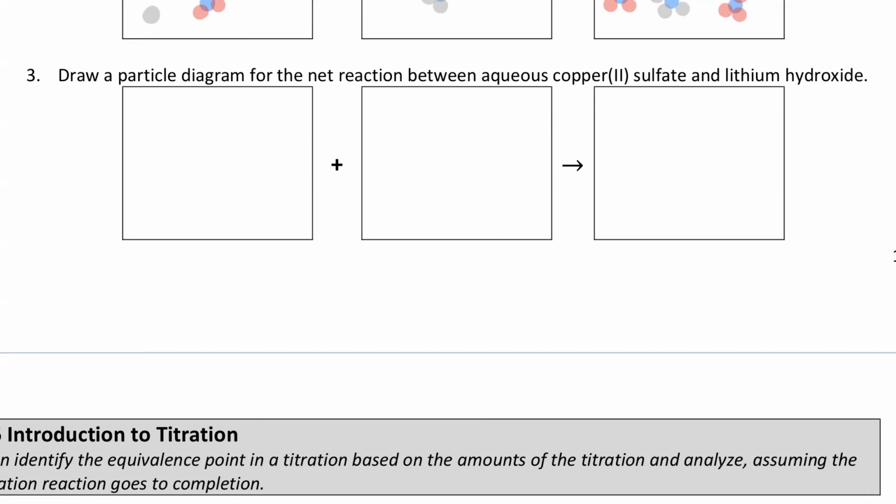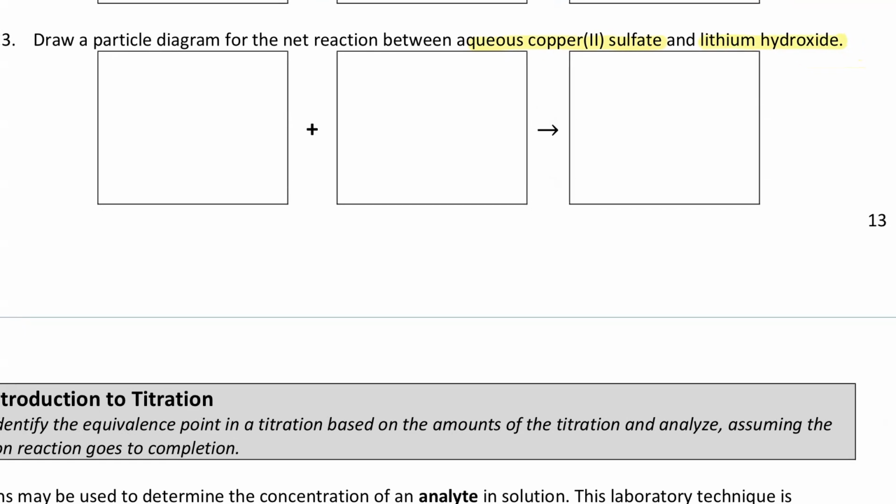Now, the second example here, I guess technically the third, is going to be the net ionic reaction between the aqueous copper-2 sulfate and lithium hydroxide. Now, if we're told that copper-2 sulfate is aqueous, then we know that it's going to be dissolved. So we're going to go CuSO4, which will be aqueous, plus lithium hydroxide, strong base.